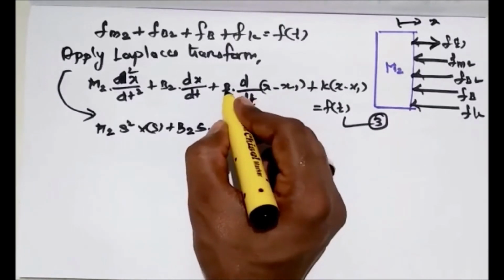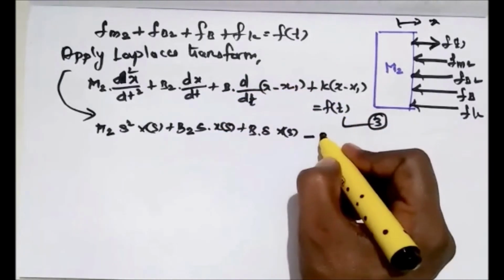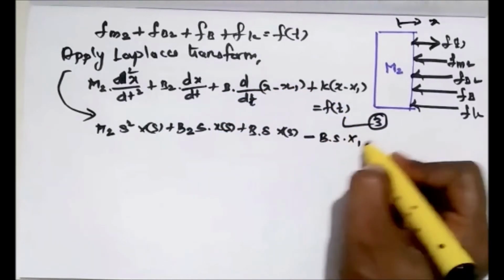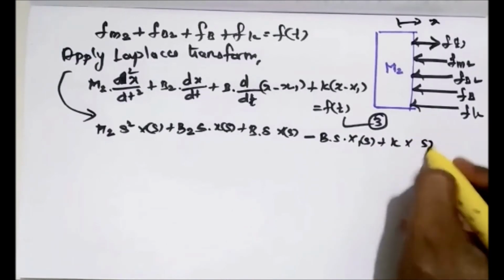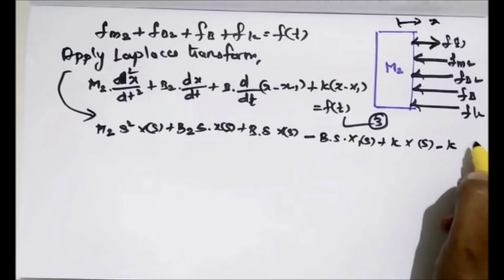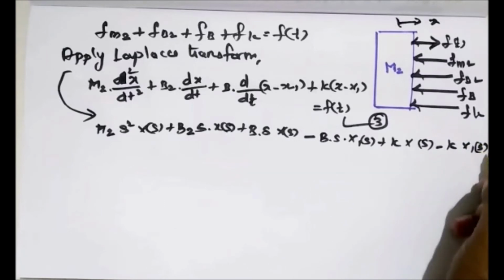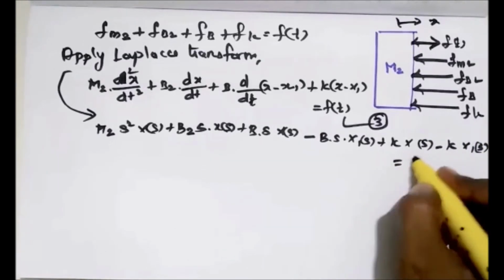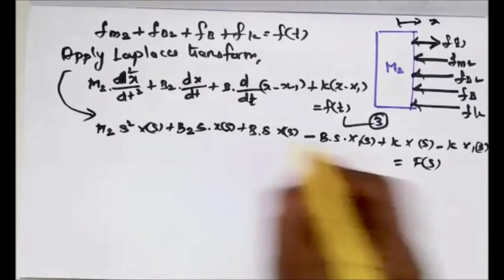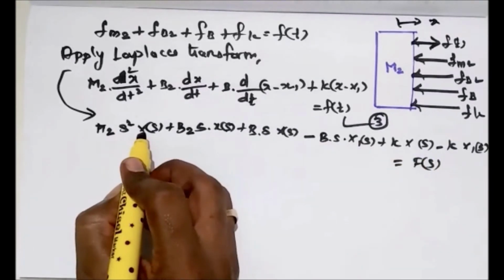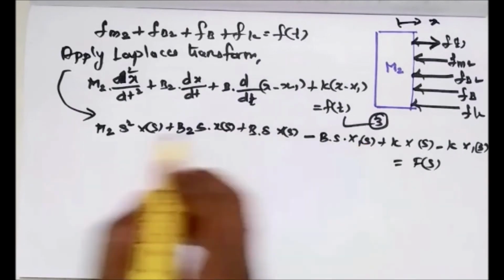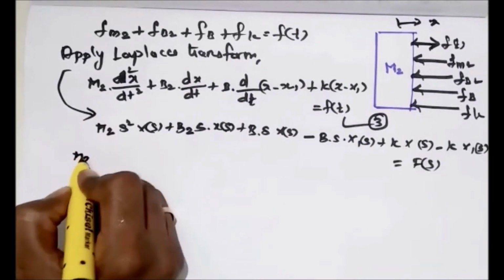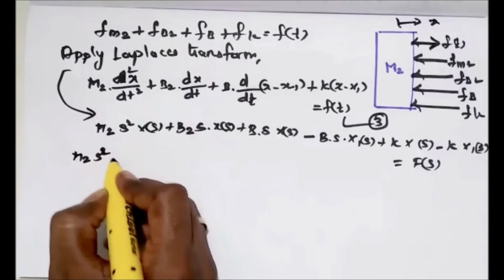Again we will multiply b inside, b into s into x1 of s, plus k into x of s minus k into x1 of s equal to f of s. So from this equation we can separate the x of s term and the x1 of s term separately.